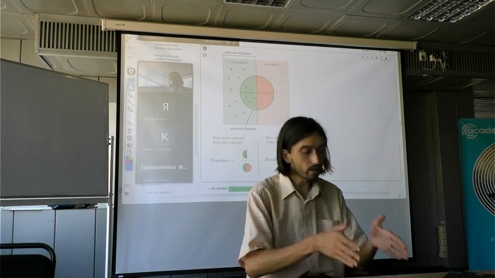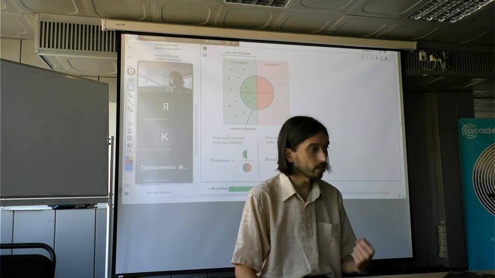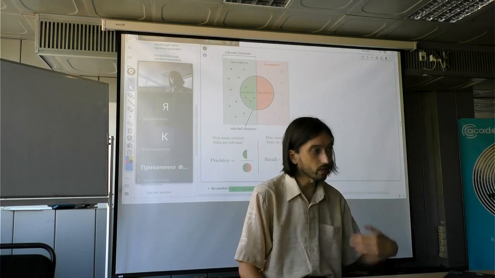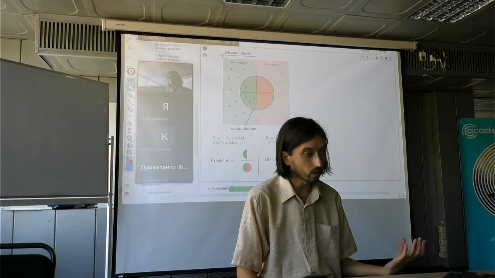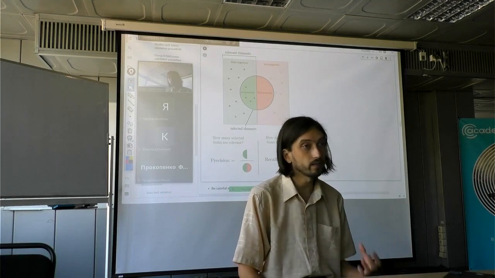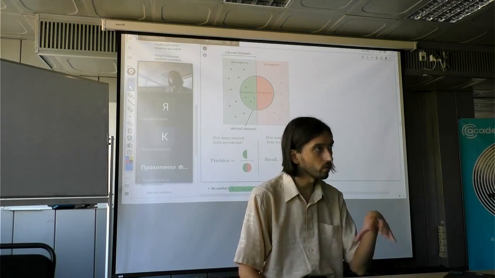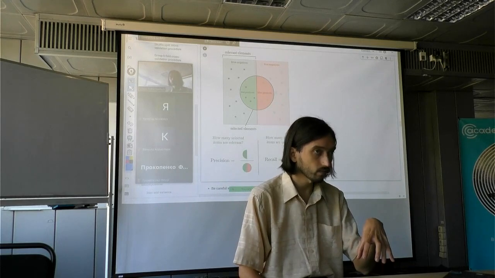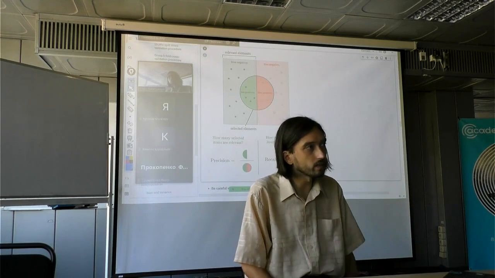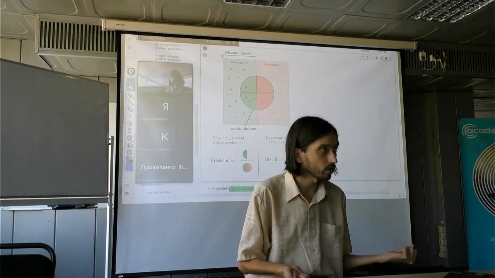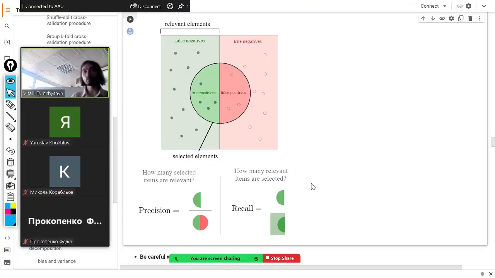In the case of a perfect model, you expect it to correctly detect all 50 photos with cats. But it's real world. It detects, for example, 48. And that percent, 48 by 50, will be your recall.